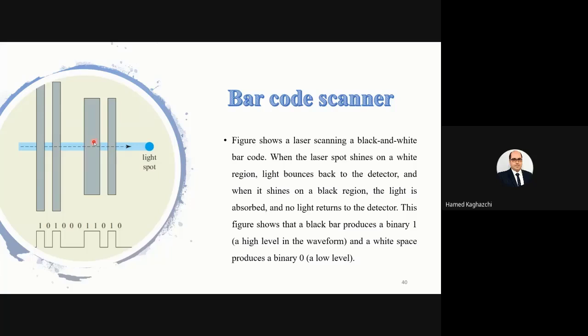It means that we can have a digital signal at the output of this sensor with the zero value for white space and 1 value for black space. This is the white space with the 0 value, and this is the black space with the 1 value.